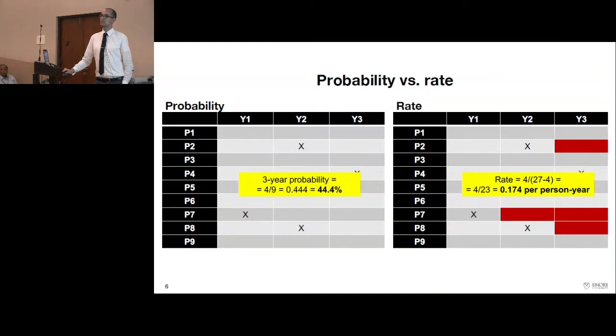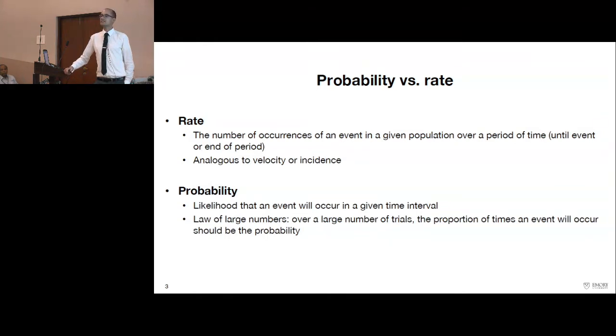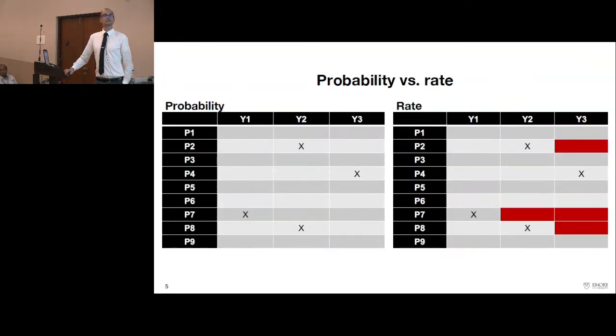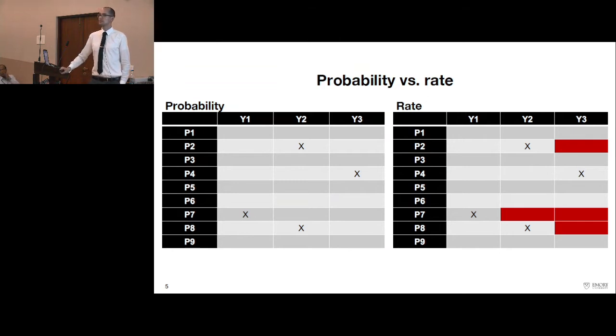So, for a total duration of study of 3 years, do we not want to see the number at the end of the study? Yeah, it's until event or end of the period. So for this person, we had the event right here. You could have got it in the second year also. Yes, yes.